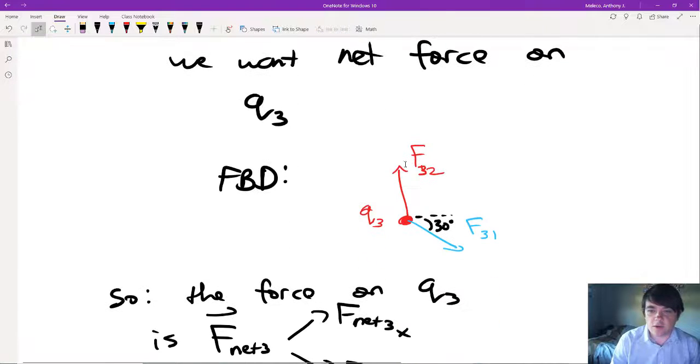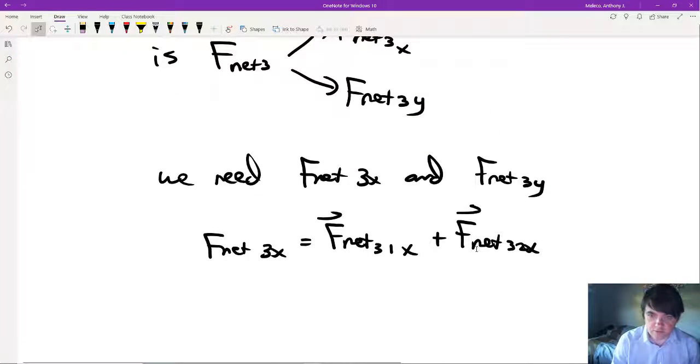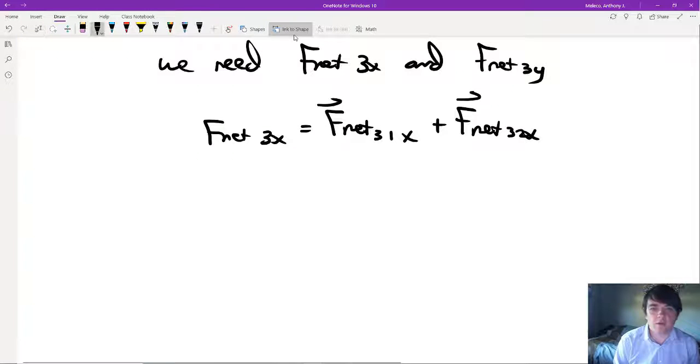These forces right here, we need the x component of these two forces, right? So remember that. So you have a force, some generic force, or some generic vector, we'll just call it a force, okay? And it has an x component and a y component, okay? And we need those.